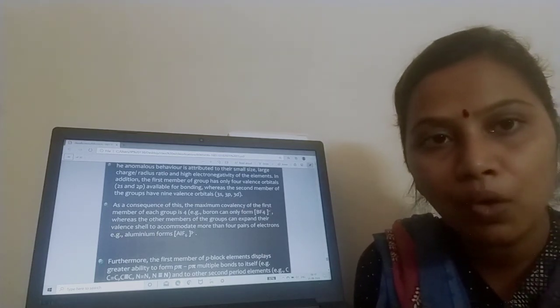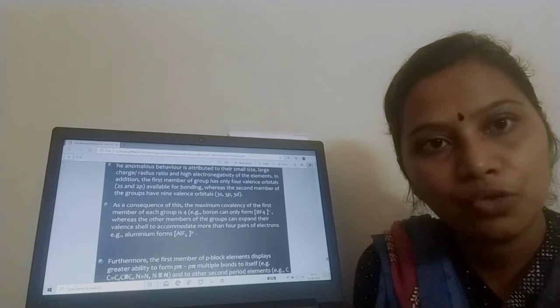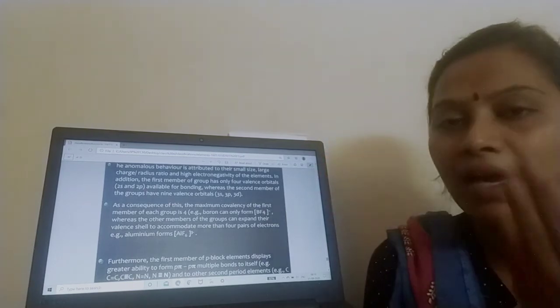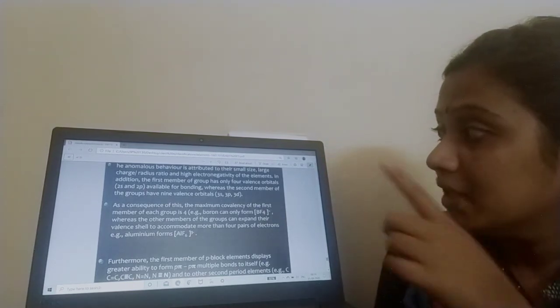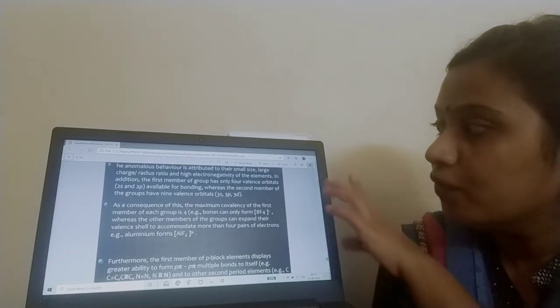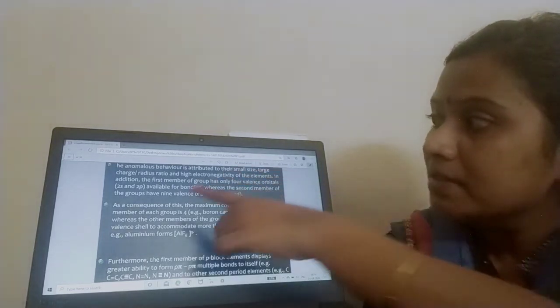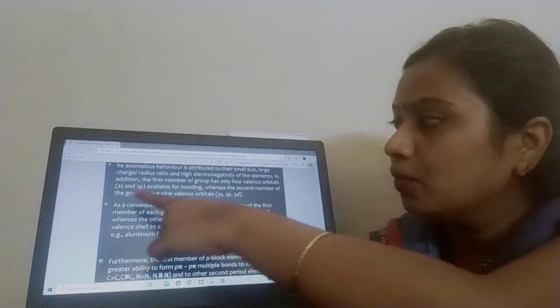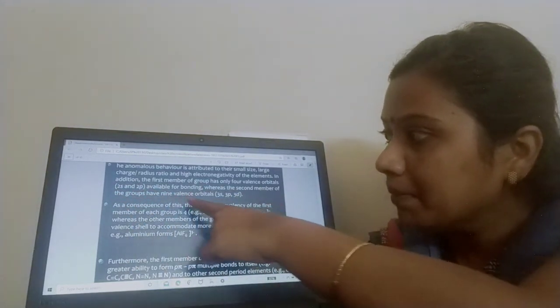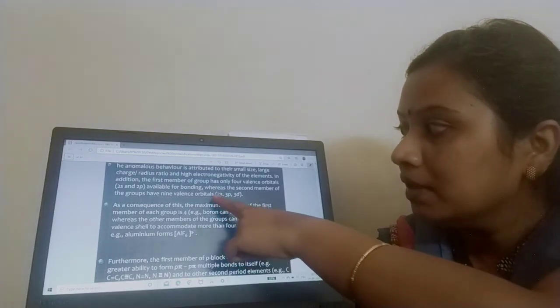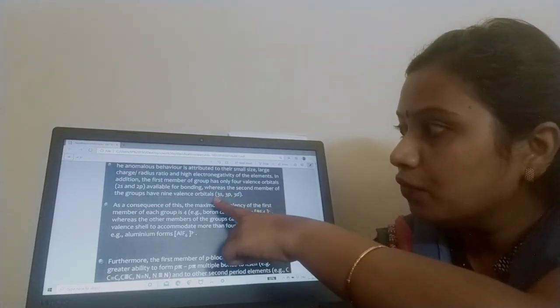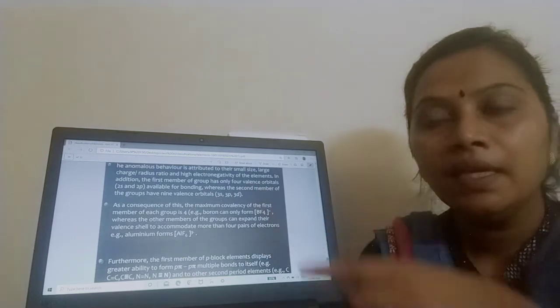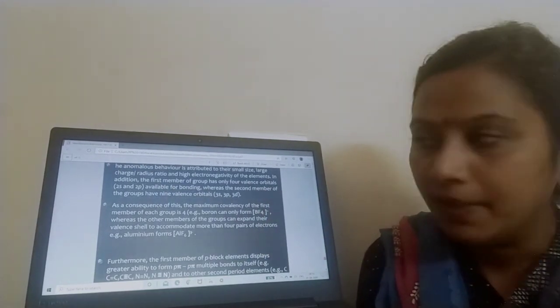They are extremely small in size, their charge by radius ratio is very large, and they have high electronegativity. Apart from that, the first member has only 4 valence orbitals: px, py, pz, and this is 1, so 3 plus 1, 4. And when you look into the second member, they have 9: 3 plus 1, 4, and d orbital has 5, 5 plus 4, 9.